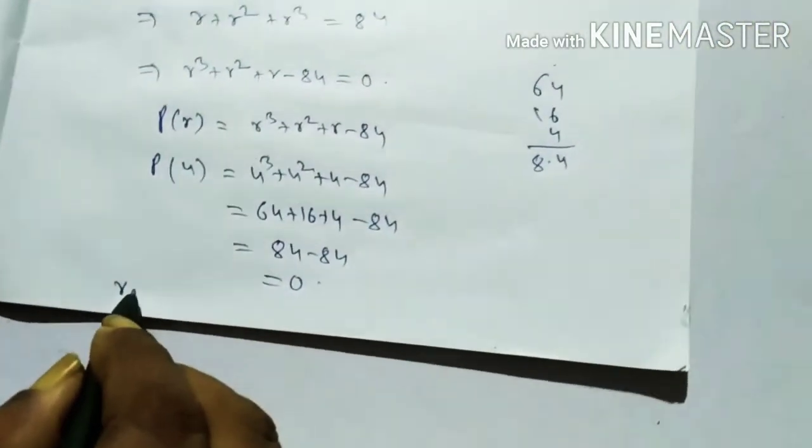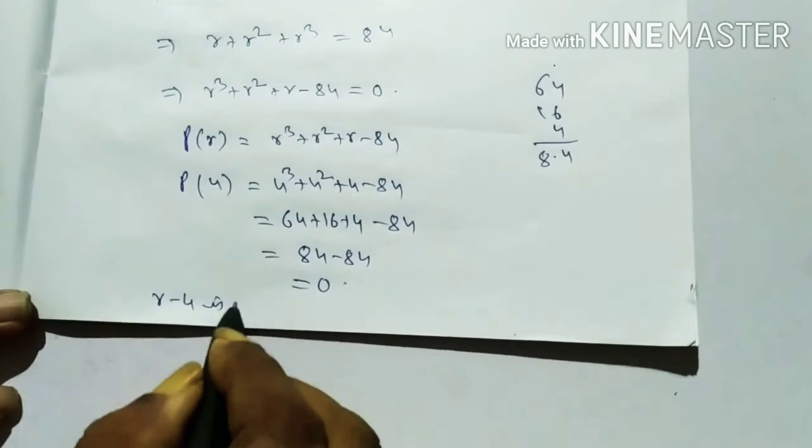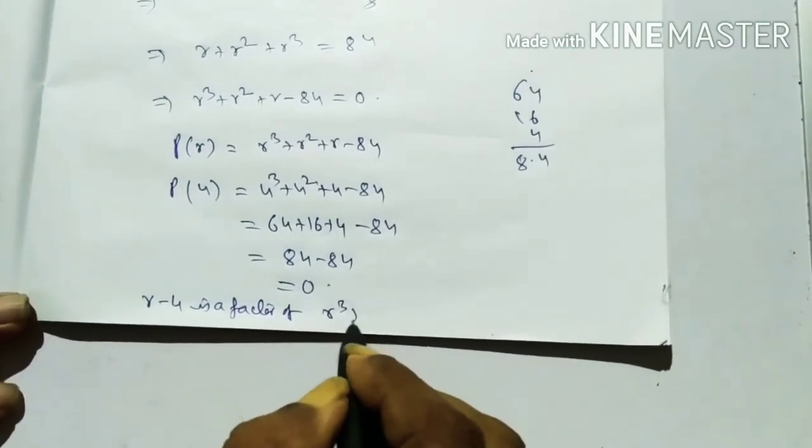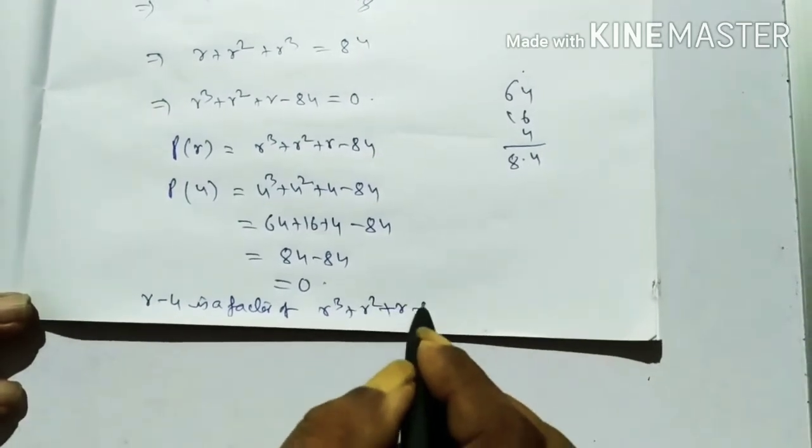So r minus 4 is a factor of r cube plus r square plus r minus 84.